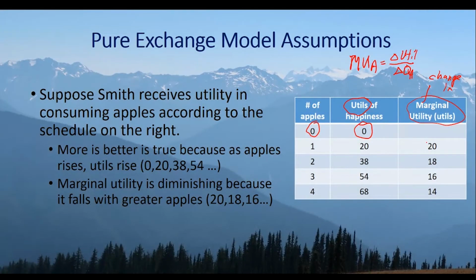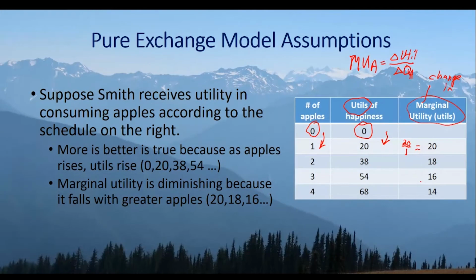Now, let's measure it here. Sometimes we're going to ask, what is the change in utility that happens in moving from 0 apples to 1 apple? The answer is that the change in utility is 20. So this is actually 20 divided by 1 additional apple that's consumed. The marginal utility of apples in consuming that first apple is 20 units. Get it?